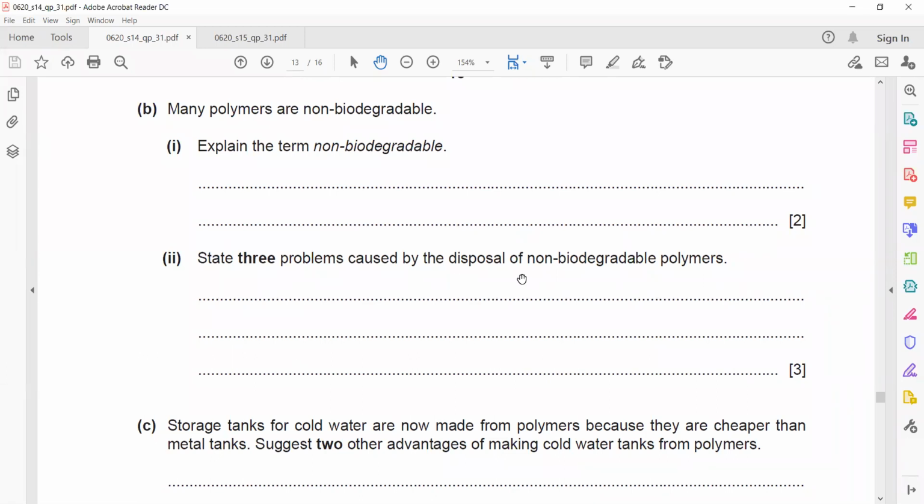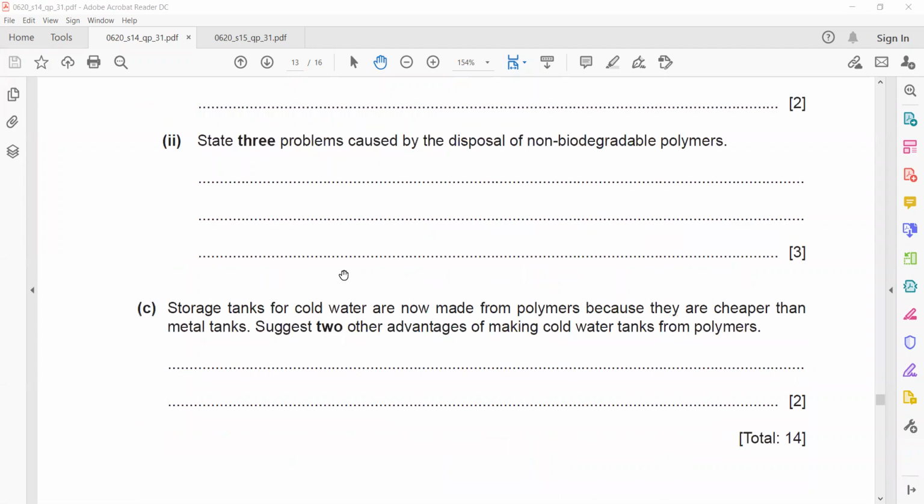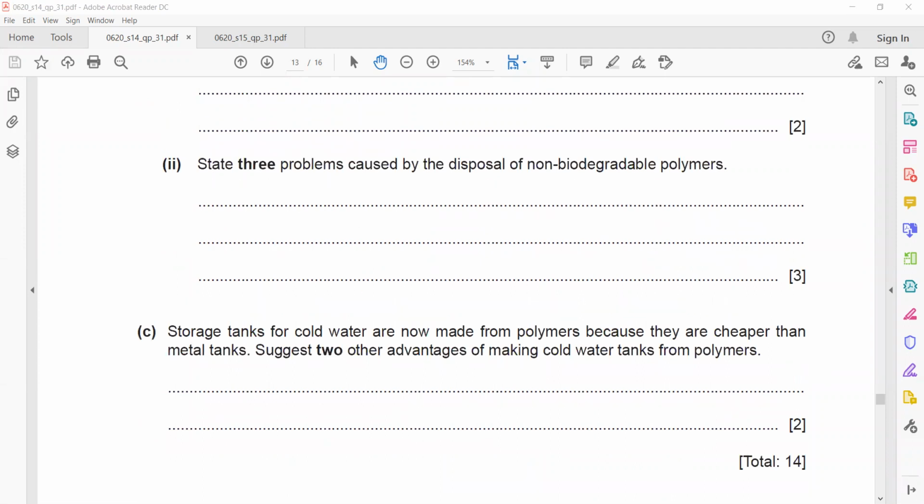State three problems caused by disposal of non-biodegradable polymers. When we dispose of these non-biodegradable polymers, what problems are caused?